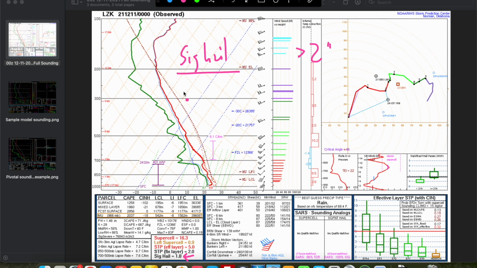So the way we calculate the significant hail parameter is we take the most unstable CAPE.